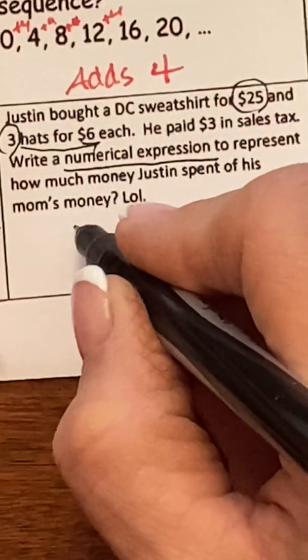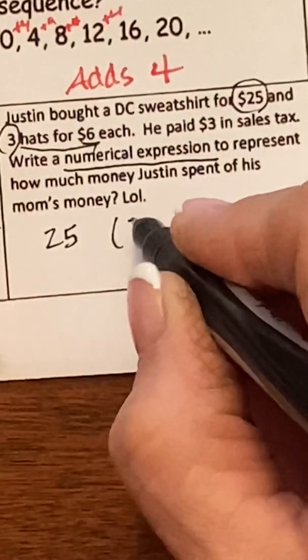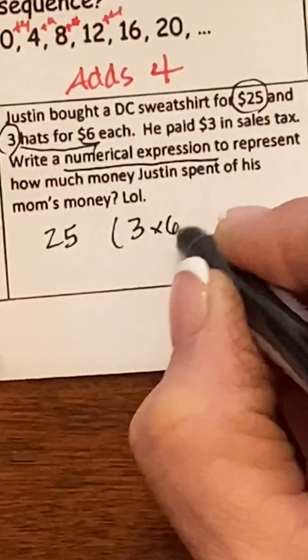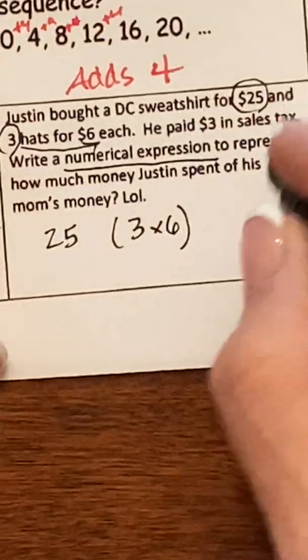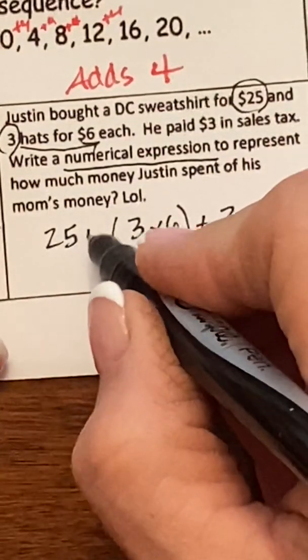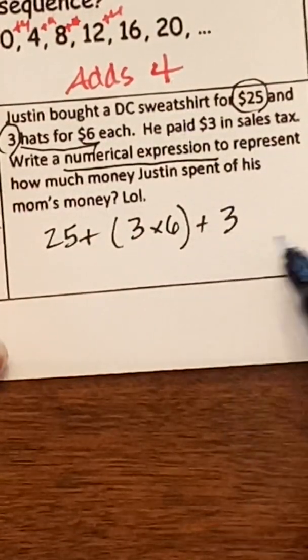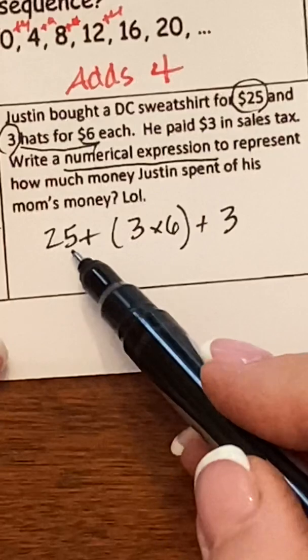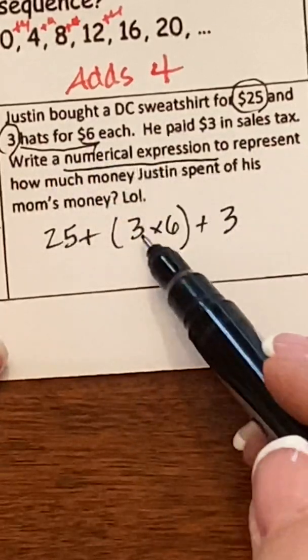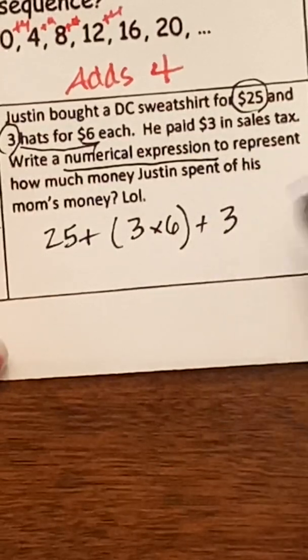Okay, so I know sweatshirt, and then I need to put 3 times 6 together, don't I? And then he paid $3 in sales tax. So what am I doing from here to here? I'm adding. Let's see if that makes sense. Sweatshirt for $25, 3 hats for $6 each, and you paid $3. Yep.